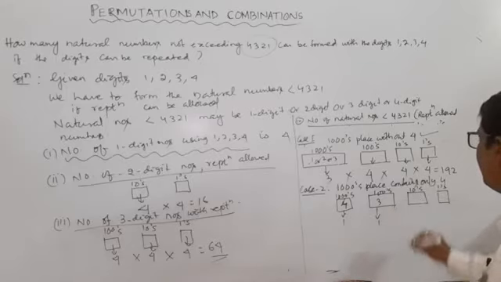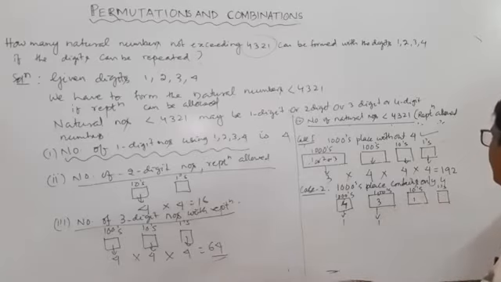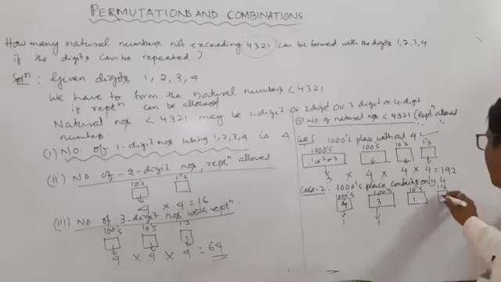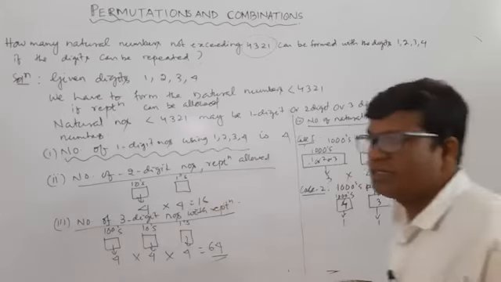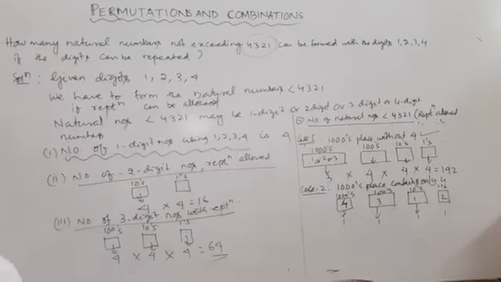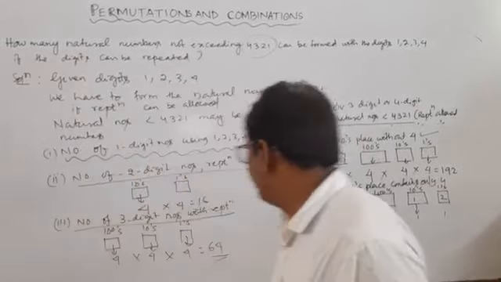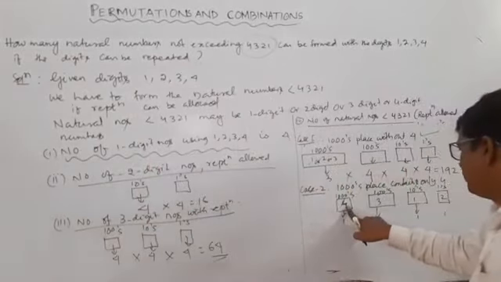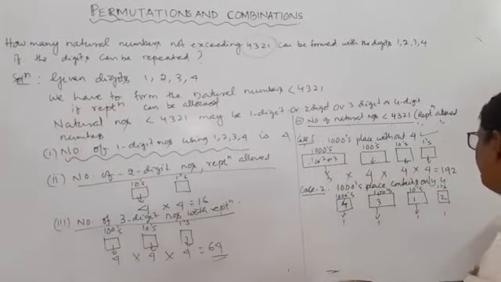Now the tens place is 1 or 2, fixed here. Suppose the thousands place is filled by 4, the hundreds place by 3, and the tens place is fixed as 1.